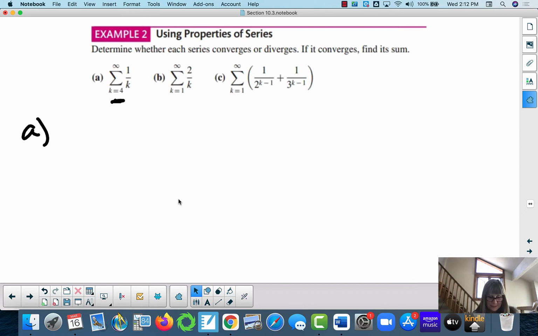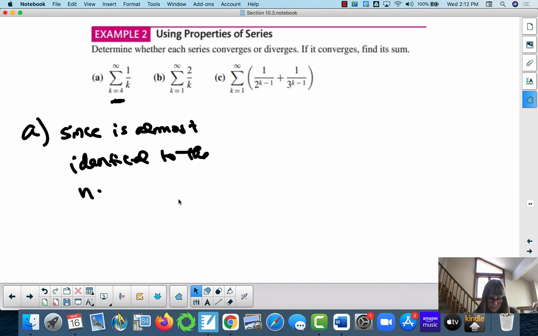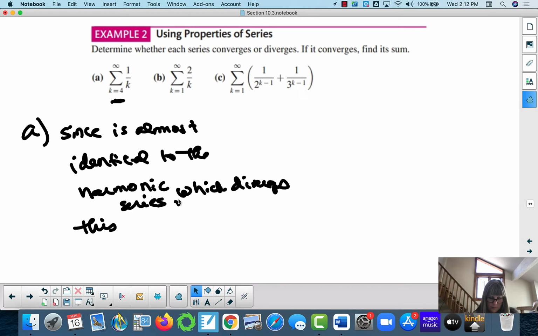So that series is still going to diverge. So since this is almost identical to the harmonic series, which diverges, this series also diverges.